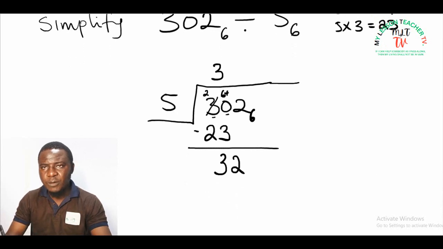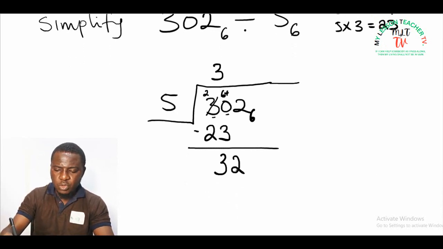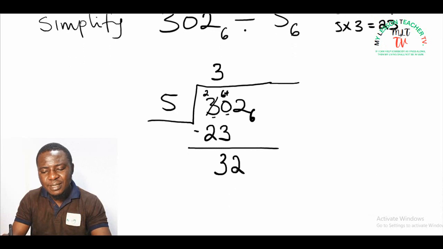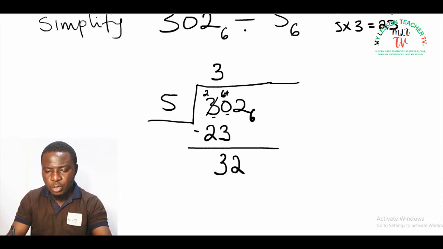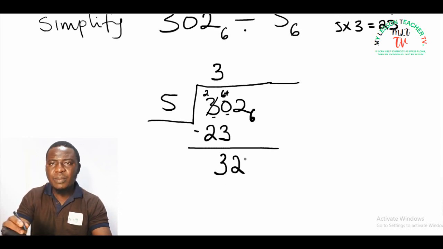Do the same division. 5 into 32 in base 6. Convert both of them to base 10, do the division, and then you have your multiple. 32 in base 6 is equivalent to 20 in base 10. How did I get that? 3 times 6 is 18 plus 2 is 20. Now, 20 divided by 5 is 4.